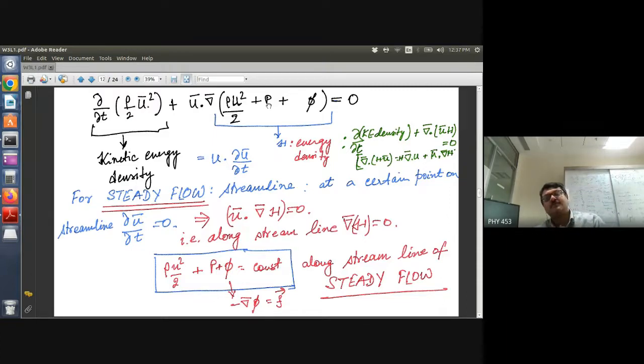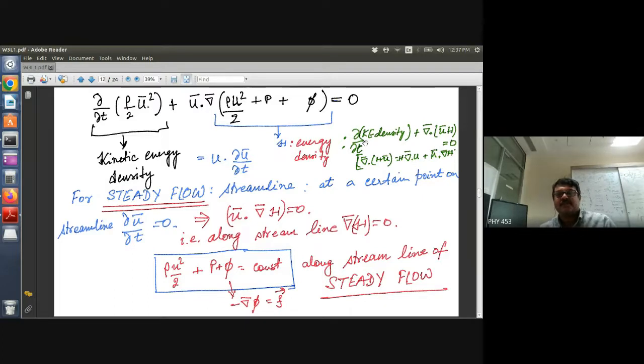So this is also energy density, and phi is of course potential energy, so grad phi is a potential energy density. So what you get is essentially the time derivative of kinetic energy density equal to u dot grad of this.